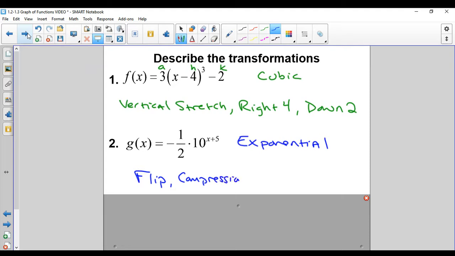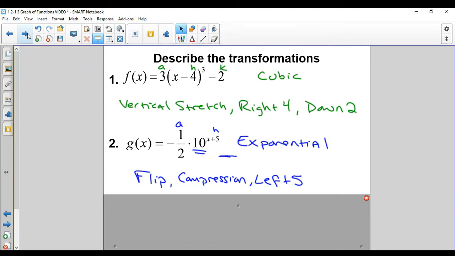You don't need to write the word vertical, just tell me it's a compression. Now, this is exponential. This 10 does nothing. This is the a value. This is your h, and then your k would be hanging out at the bottom. Remember, the h has to be inside something, inside parentheses, absolute value bars, exponents like we have here, and we're moving left 5. So we have that.